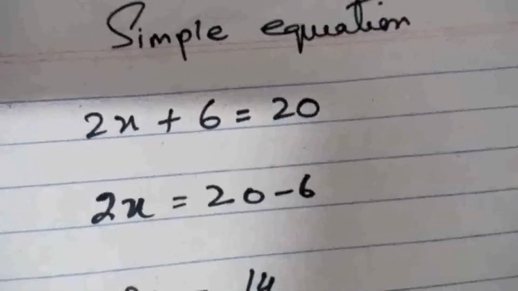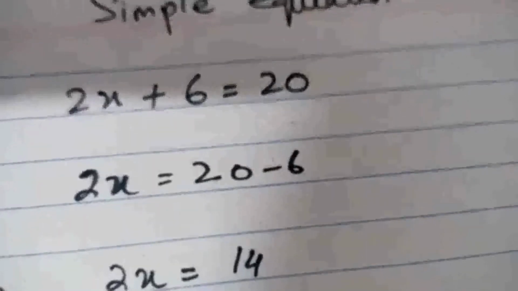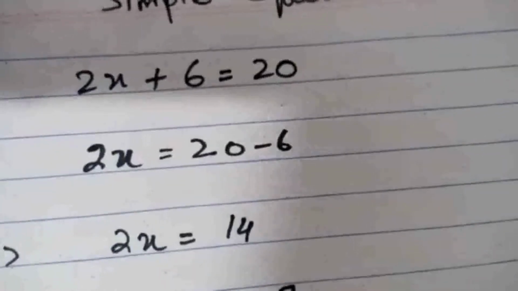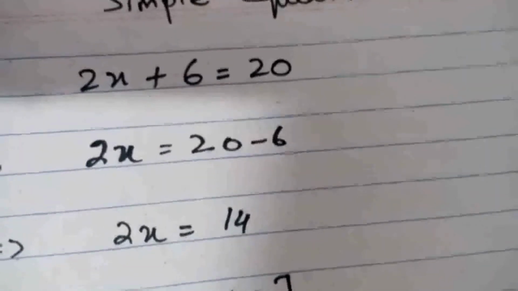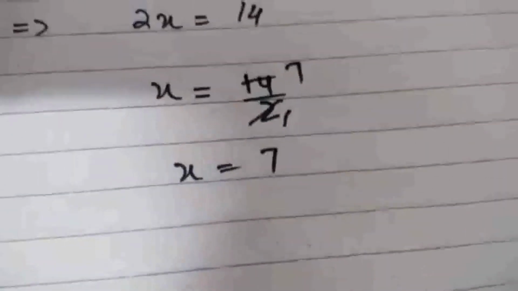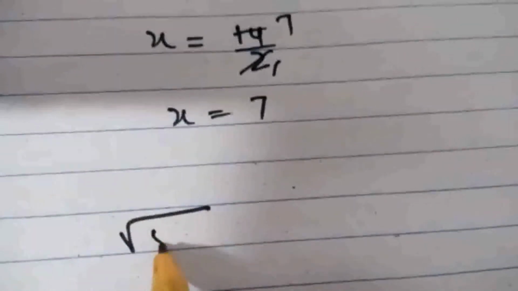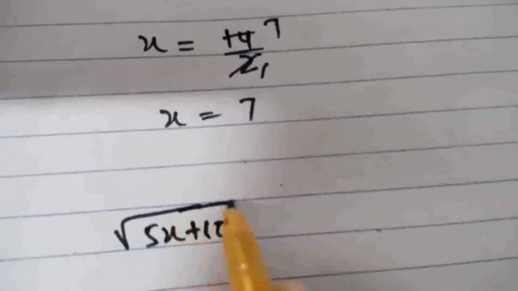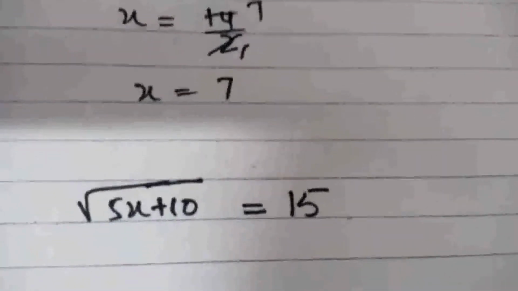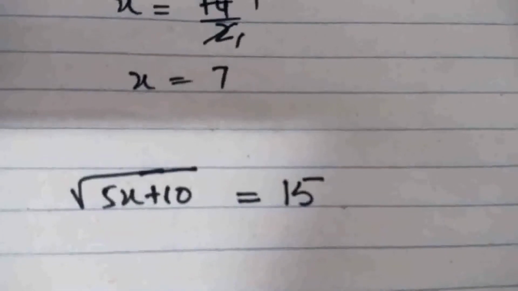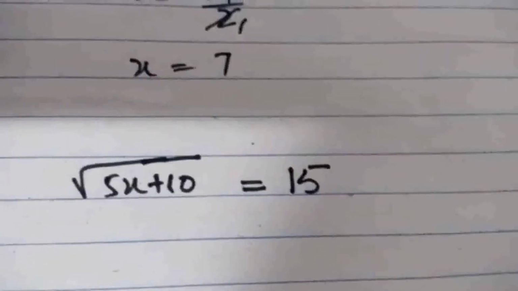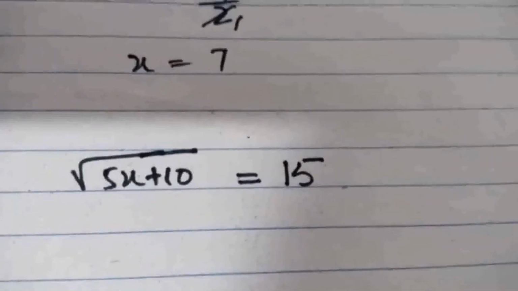Now if this simple equation contains a radical on both sides of the equality or on any one side, see how we solve that kind of question. Suppose I am given, as an example, under radical 5x plus 10 is equal to 15.